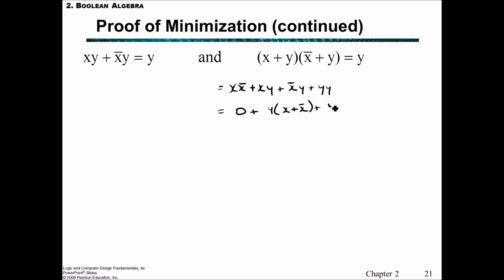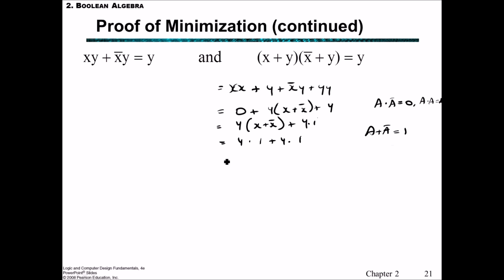Since a and not a equals 0 and a equals a, this is equal to the following. Since a or not a equals 1, y or y equals y equals the right hand side. Since a and 1 equals a, a and a equals a.